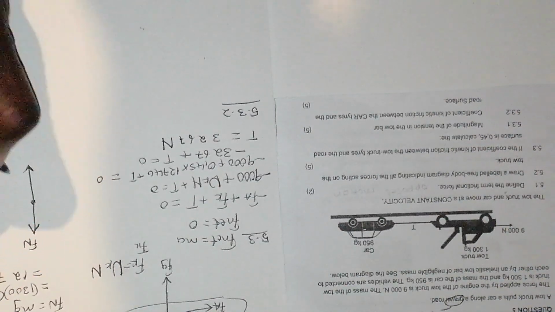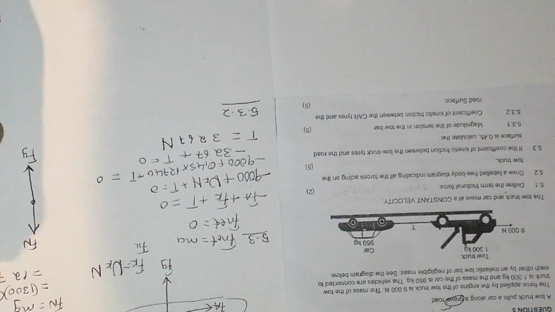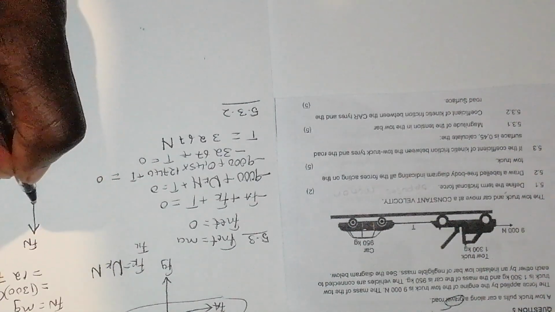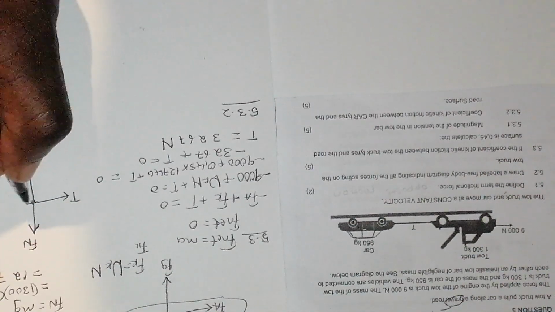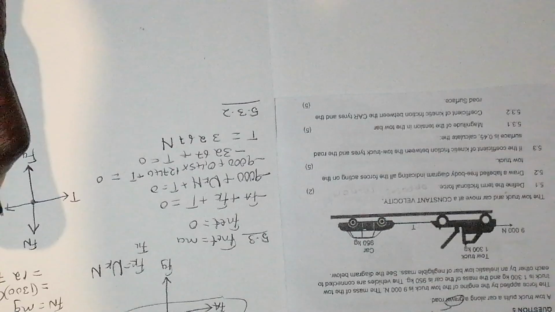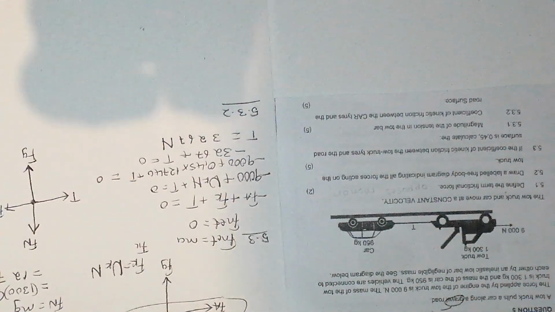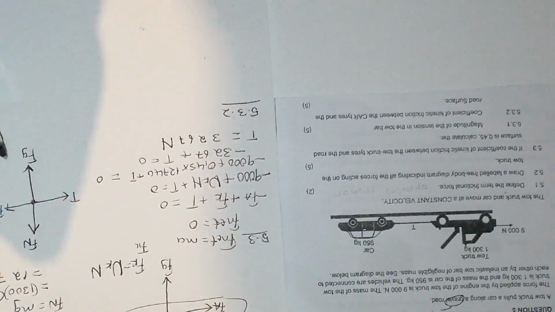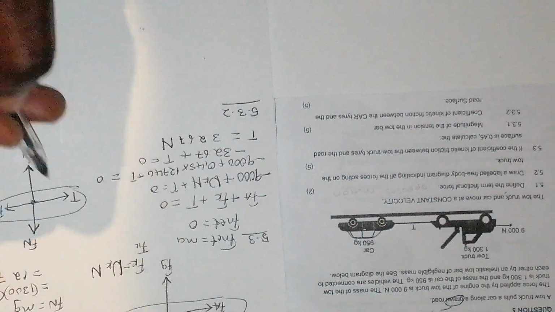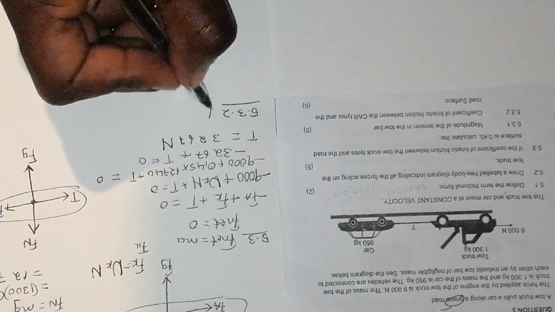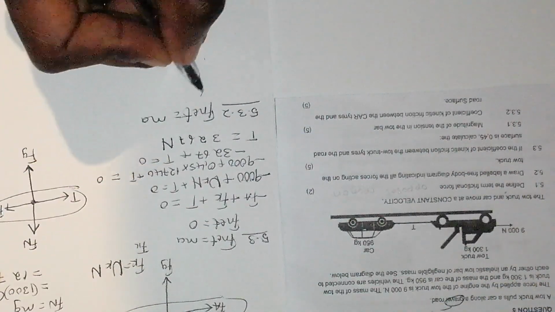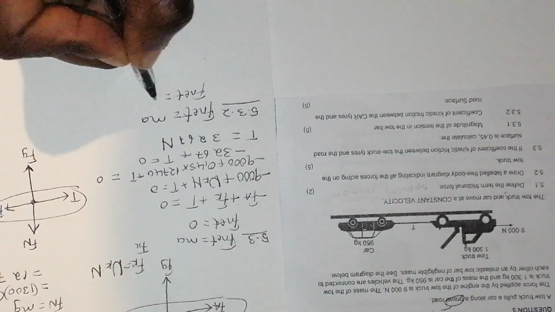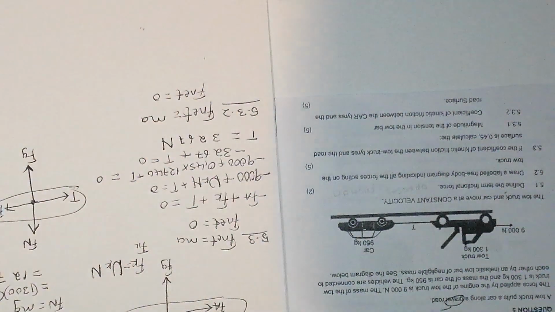Here we're going to have Fg, then the tension force as well as the Fk. All right, so these are the forces that are having an effect in the Fnet part, but we know that Fnet equals 0 because they are both actually moving at a constant velocity.